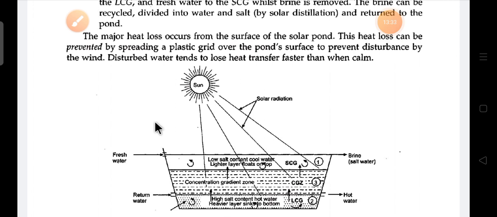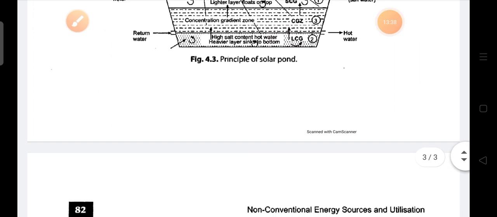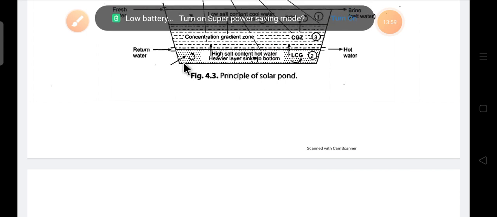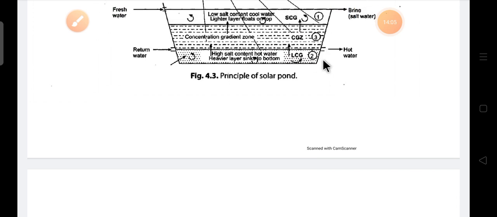Another loss: the salt concentration in layer 2, the bottom layer, is very high, so we should insulate it from the ground, because if we don't insulate it, the salt goes into the earth. So we insulate it from the ground water or ground surface.